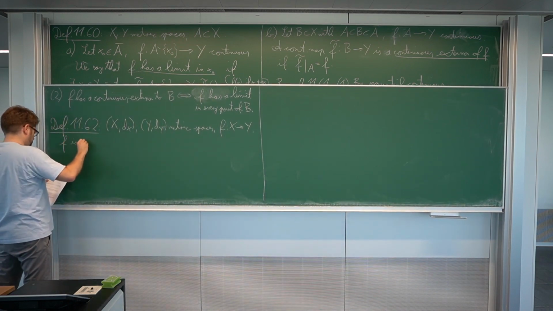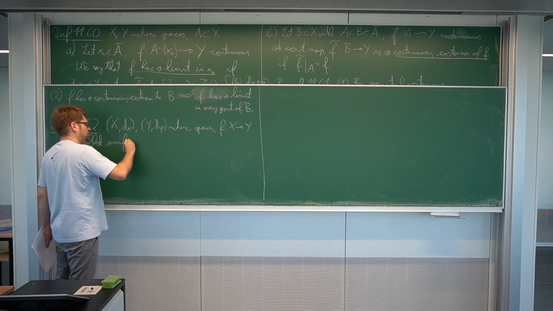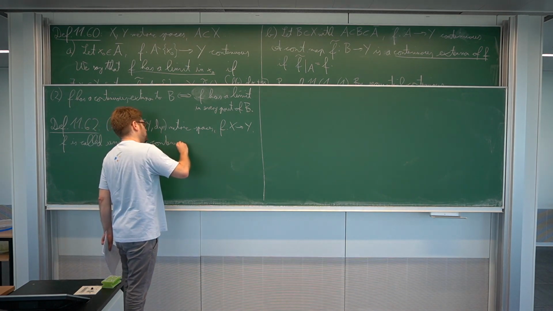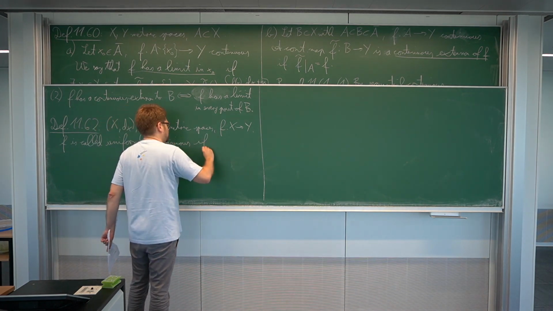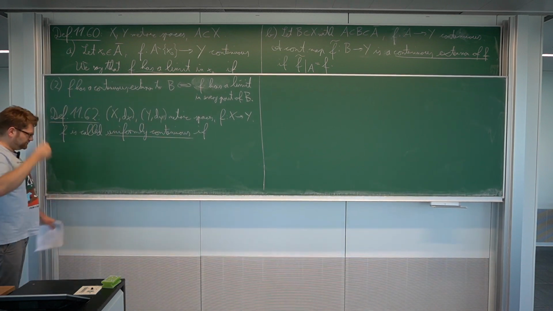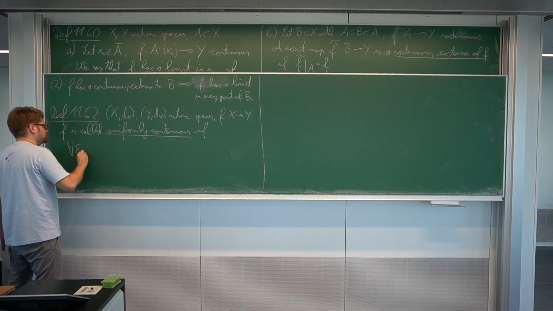f is called uniformly continuous if the following holds. And maybe if you've forgotten, take a look at the old definition from the previous semester, and then you'll see that this one is precisely the same.